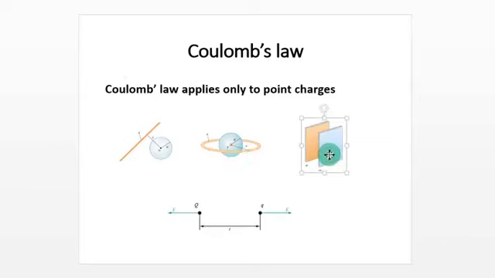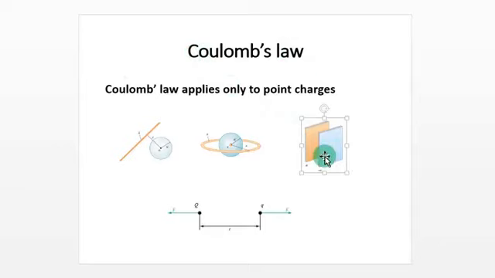Then the third one, we will delve deeper into it because we are going to talk about capacitors, will be two plates. If this plate is charged and this plate is also charged, you must start thinking, what will be the force of attraction between these two different charges? We cannot use Coulomb's law to do that.